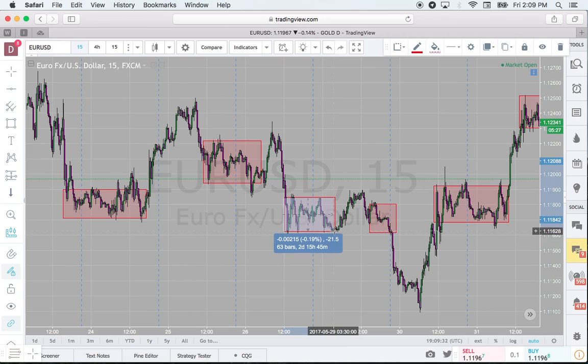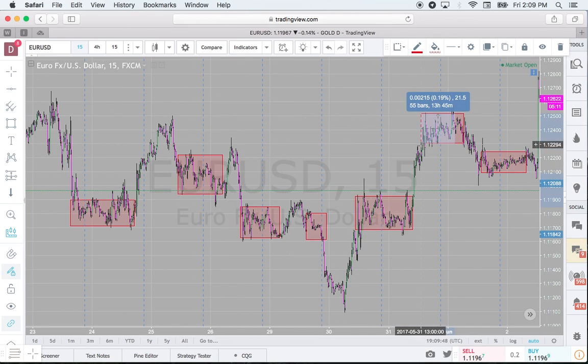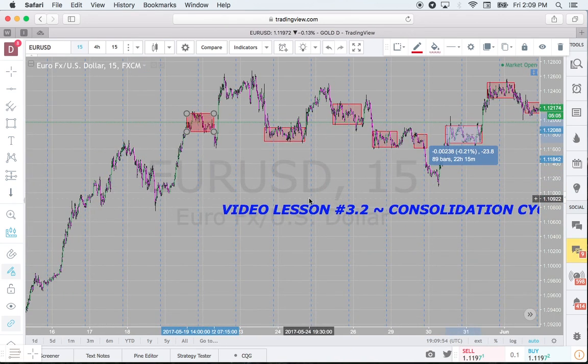Depending on the pair, you will have different ranges. So the more volatile the pair, the more range you will have in the consolidation. So here we can see it's about 20 to 30 pips on Euro USD.